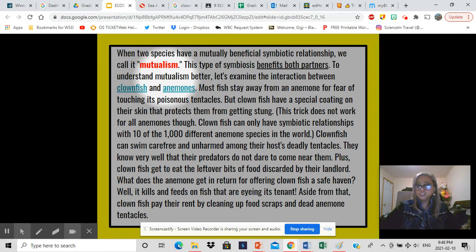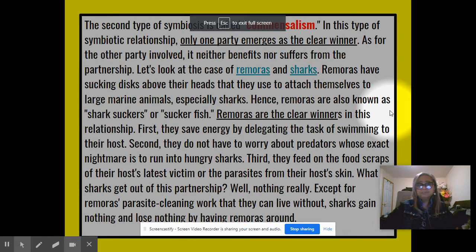So we call that relationship mutual, or mutualism. Now, another kind of symbiotic relationship is what we call commensalism. In this type of symbiotic relationship, only one party emerges as the clear winner. As for the other party involved, it neither benefits nor suffers from the partnership.